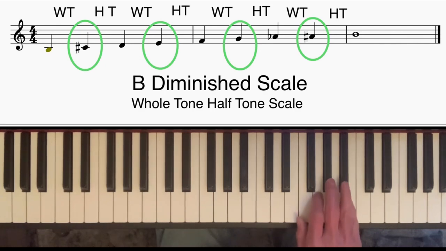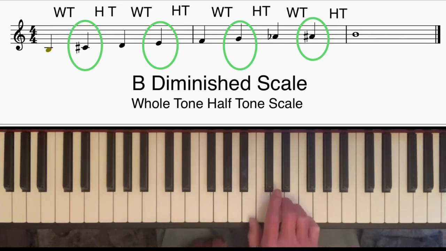Now, I just want to clarify a little bit of confusion that often arises when people are studying diminished scales, because in theory books you see this called a half-tone, whole-tone diminished scale, or a whole-tone, half-tone diminished scale. And they are exactly the same thing. It just depends really where you're starting from.